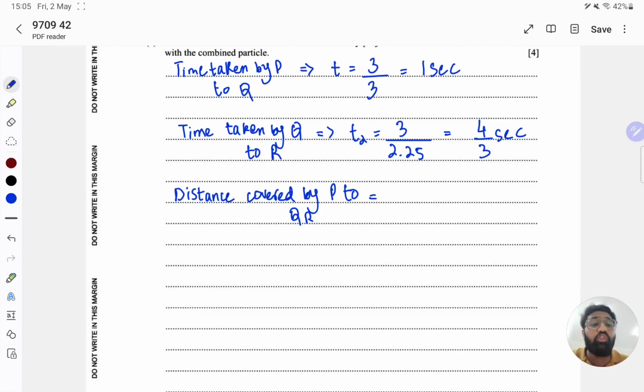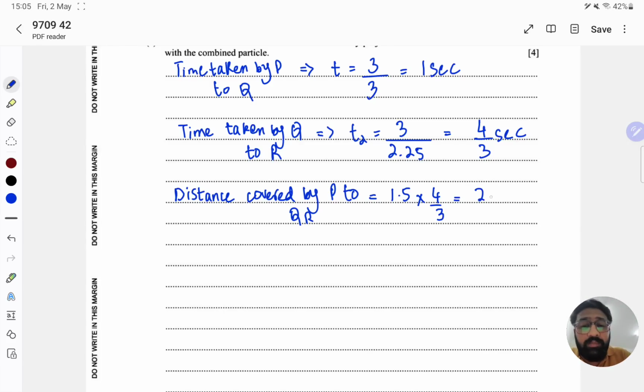So in this 4/3 seconds, the particle P is obviously also traveling in the same direction. So how much distance is it covering? I hope that makes sense to you. So object P after collision is moving with the speed of 1.5 meter per second, and the time is 4/3. That is the same time in which the object Q has traveled to R completely. So it will be 1.5 times 4/3.